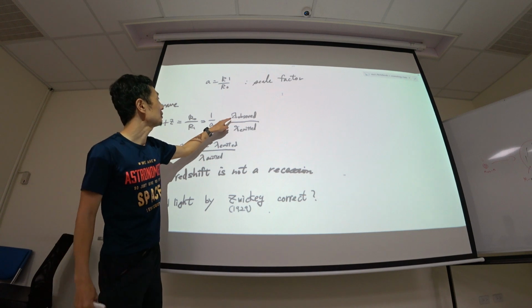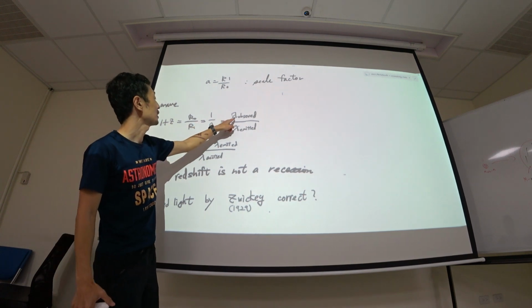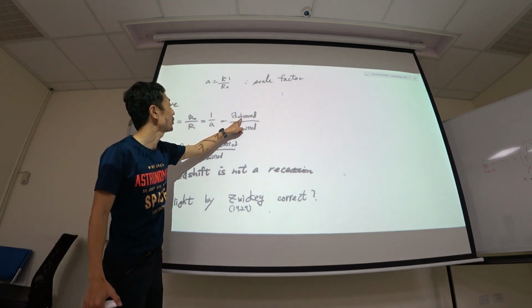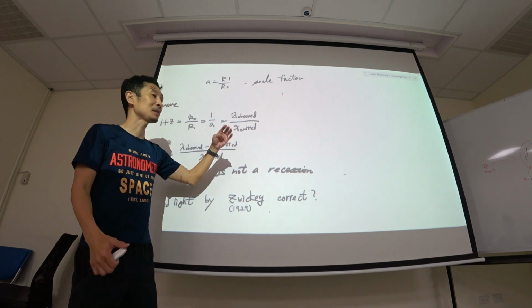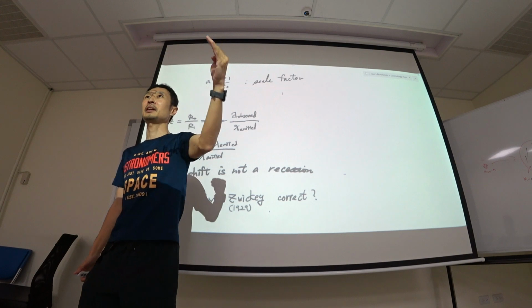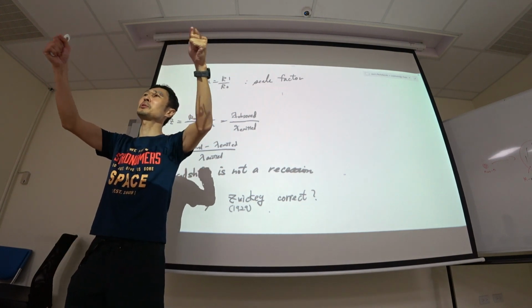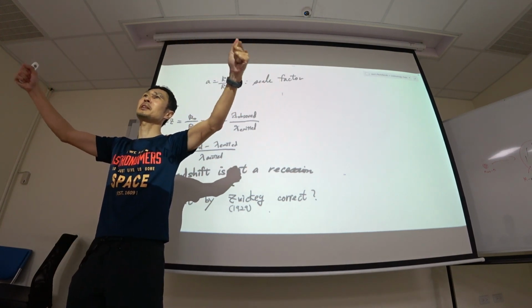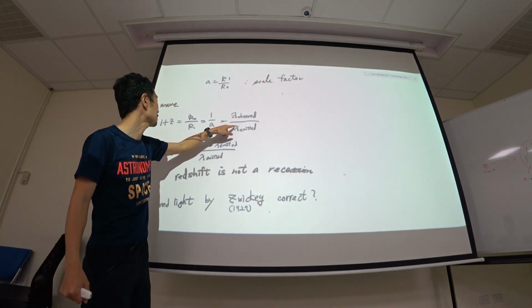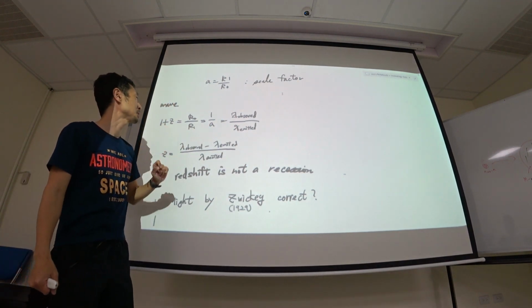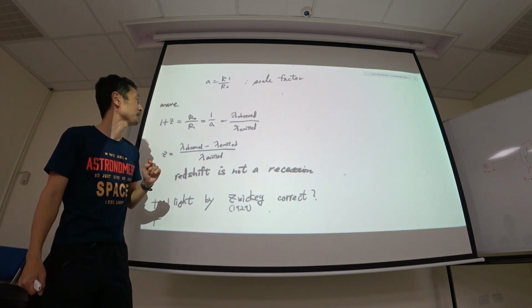So you can define redshift using the wavelength of observed light and emitted light. Because of the expansion of the universe, the wavelength gets longer. So how much longer it got, you can take the ratio, and that's also the definition of 1 plus z.